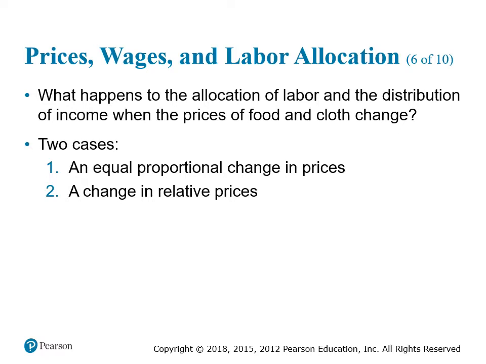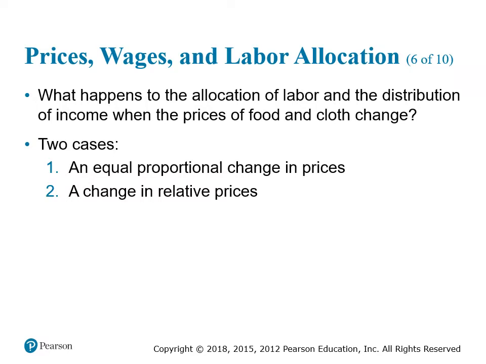Our next question is what happens to the allocation of labor and the distribution of income when the prices of food and cloth change. So now we talked about the equilibrium given the prices of cloth and food, and we said okay, labor will be distributed according to the demand for labor in both of these sectors, and we also said that wages will try to balance the allocation of resources in these two markets.